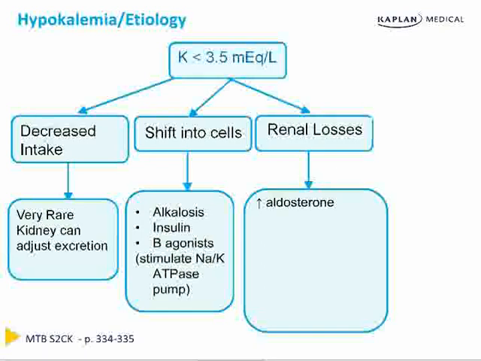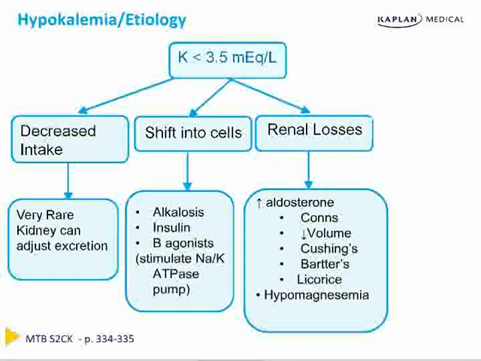So anything leading to high levels of aldosterone will lead to high potassium excretion. So things that can lead to high aldosterone include Conn syndrome, or an aldosterone-producing tumor, low volume leading to a contraction alkalosis, Cushing's syndrome, Bartter syndrome, or excess licorice ingestion.